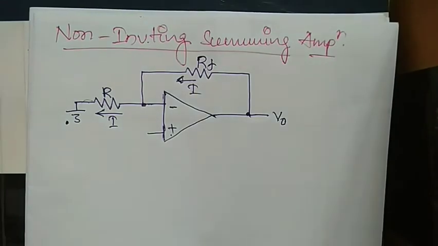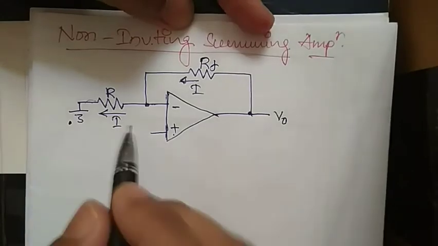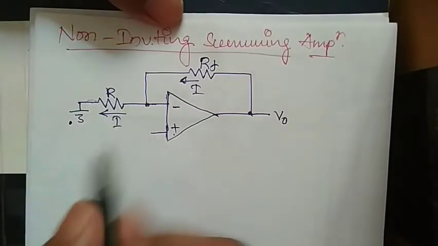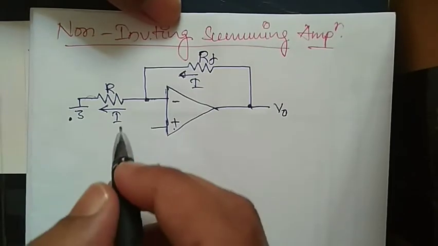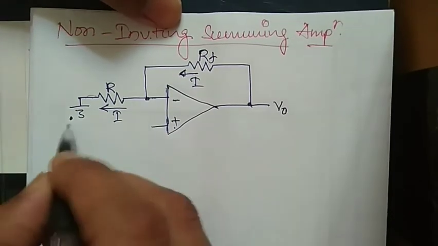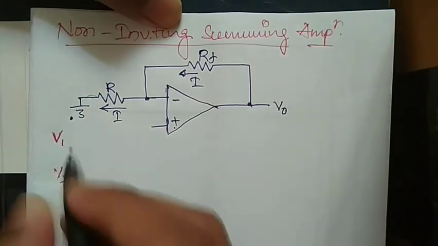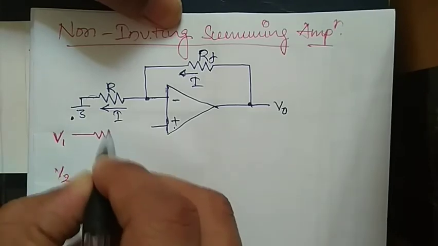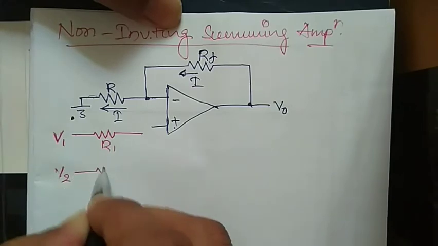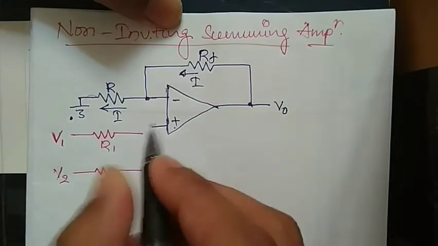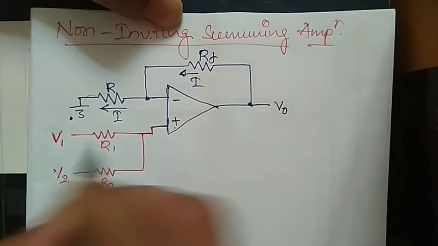Right? So now first let me define the inputs. For simplification, it is better to consider two inputs. If it works for two inputs, then it also works for n number of inputs. So let me consider we have V1 and V2, and the inputs are connected through resistors R1 and R2, which is defined as the B network.